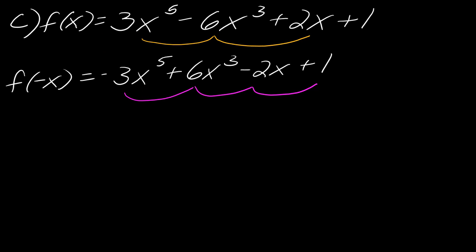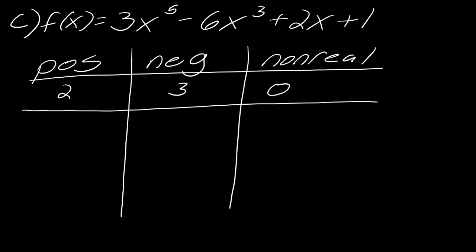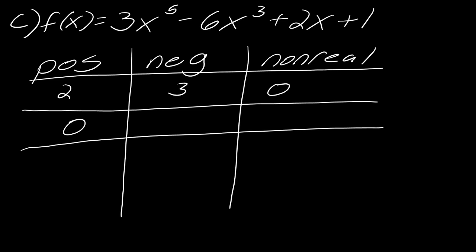So now we need to make the chart, so I'll clear some space. I've set up the chart with that first line of the maximum number of possibilities, and from here we just need to cycle through other possibilities. If I were to take two away from here and put it into the non-real column, I would then have 0 positive real zeros, but 2 non-real, and I didn't do anything to the negative column.